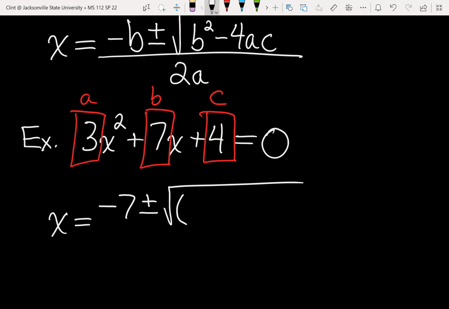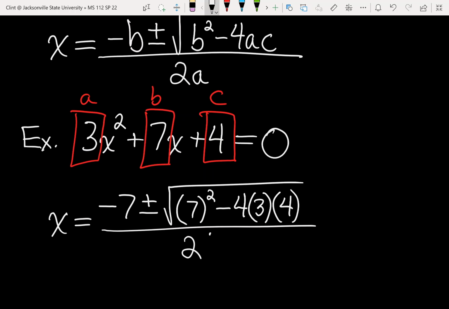I strongly recommend we put 7 in parentheses and square that, because if b turns out to be a negative number and you're typing this in your calculator, you can have sign issues there. Then minus 4 times a, which was 3, times c, which was 4, all over 2 times a, which was 3.